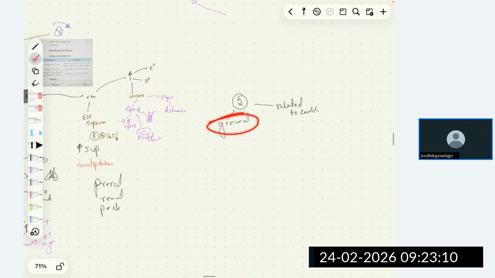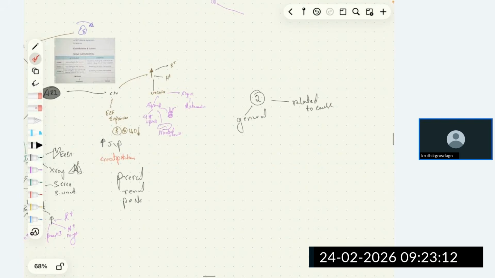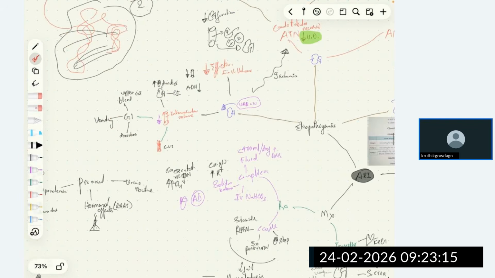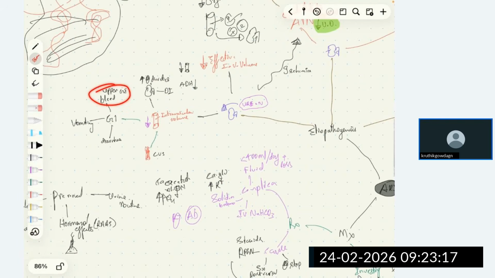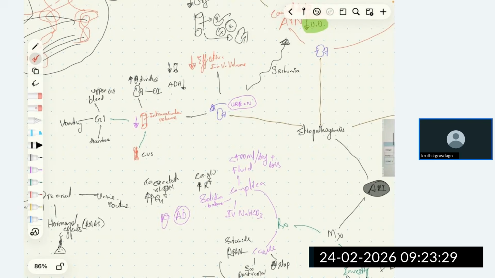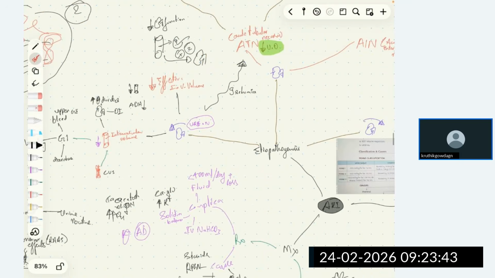Then we have clinical manifestations related to cause. Meaning in the prerenal cause, if there is portal hypertension and cirrhosis leading on to AKI, the patient will have features of cirrhosis like spider nevi, caput medusae, etc. And if the patient has cardiac failure, right heart failure, you will have the features of right heart failure like peripheral edema, hepatomegaly, and other signs and symptoms we all know.